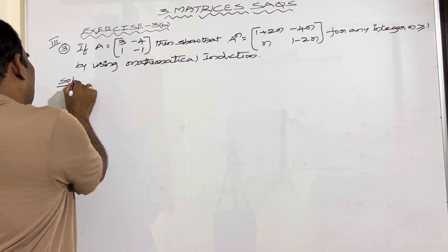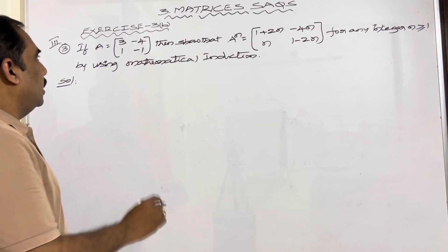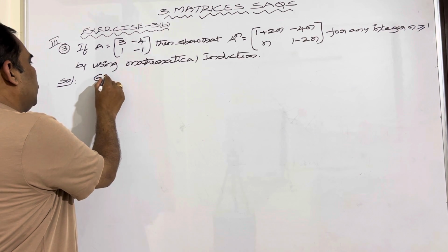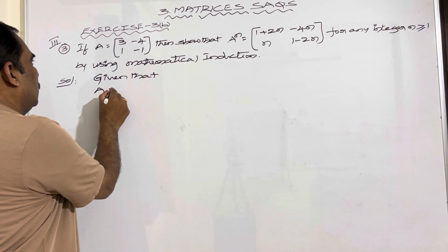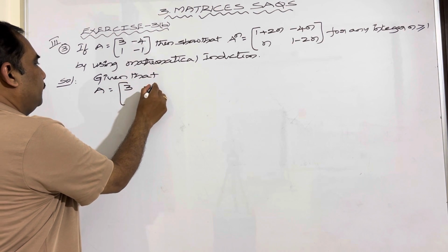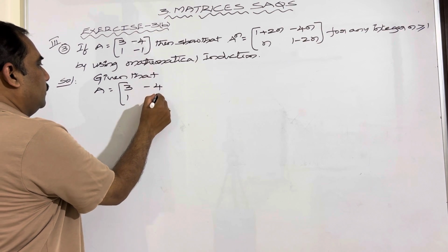So here, given that the matrix A is equal to [[3, -4],[1, -1]].